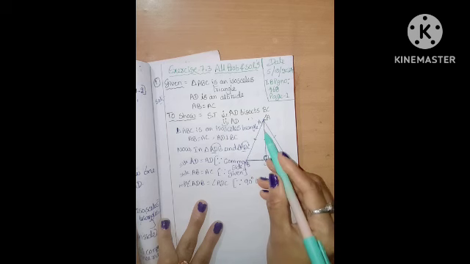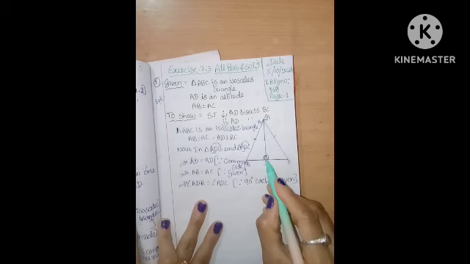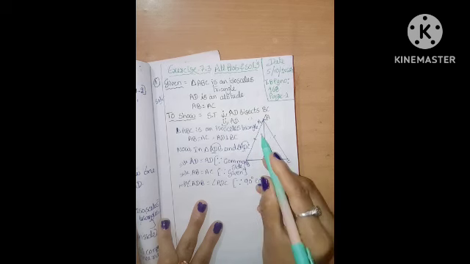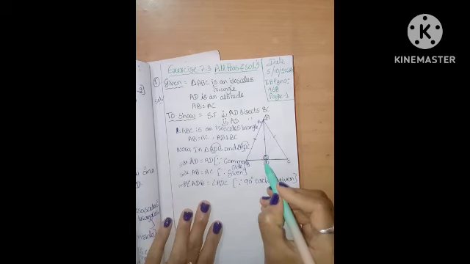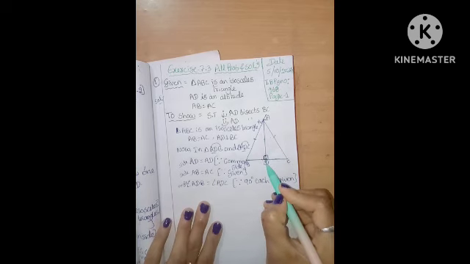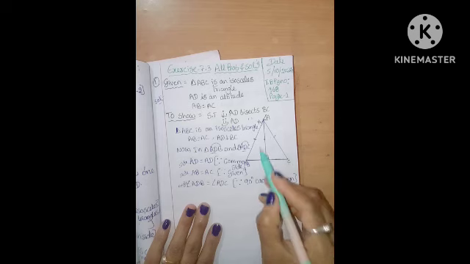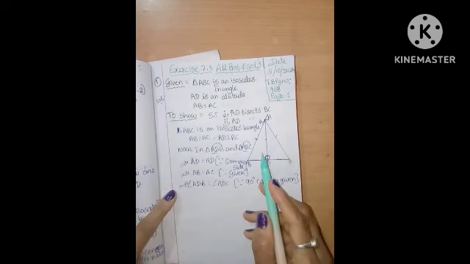Why is it not possible? Are you understood the reason? Yes. So which congruence rule applies here? It is the RHS rule. Why? Because here it is a right angle triangle.